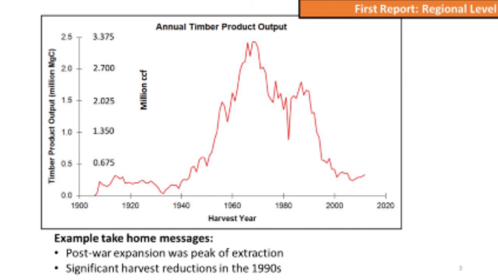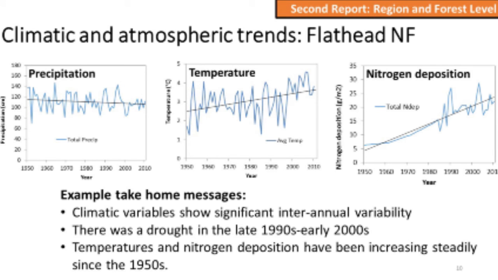Okay. Lastly, what we've also put together is climatic and atmospheric trends for each national forest. So we've basically taken downscaled climate and atmospheric data and summarized it by the national forests. So these also can be found at the national forest scale and I think also at the regional scale in the second reports.